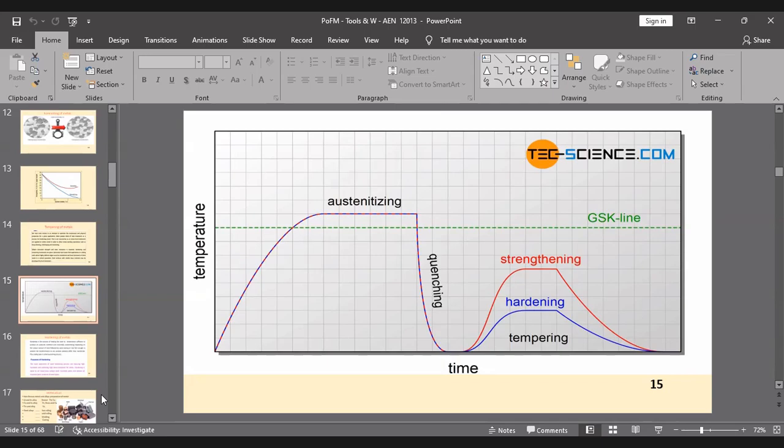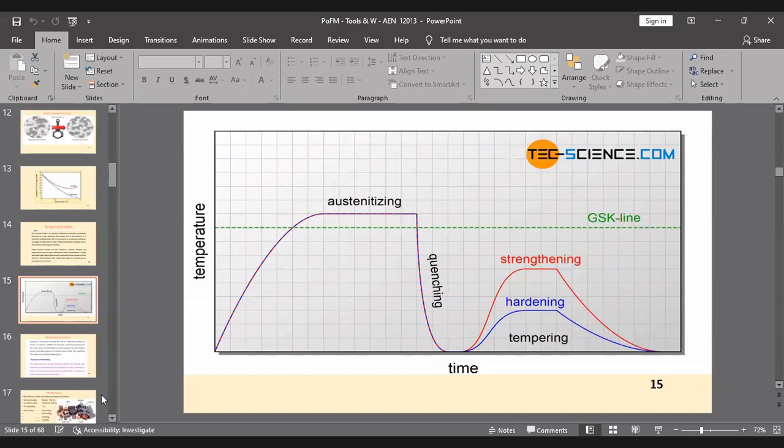Then tempering, you can have it. The temperature may be varied, fluctuate like that. Hardening, strengthening, tempering. There is a guideline up to a particular point.